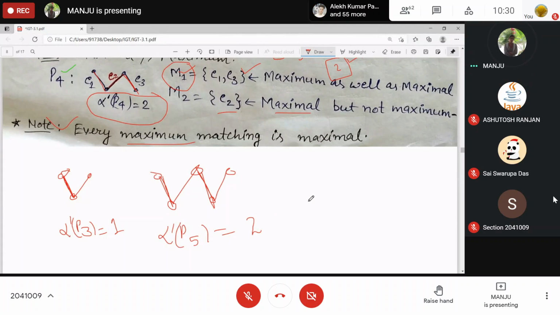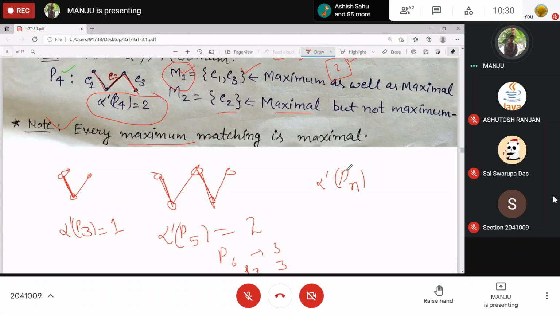So 2. In general, what is alpha dash of Pn? For P3 it is 1, for P4 it is 2, for P5 it is 2, for P6 it will be 3, for P7 again 3.